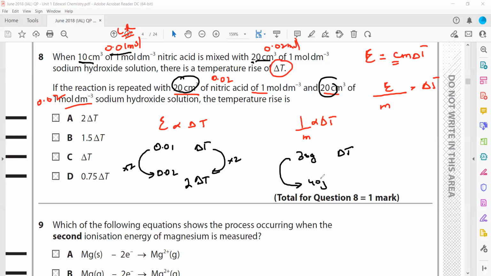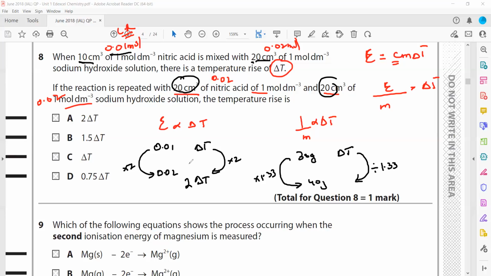So how much did it increase? It increased by 1.33, because 30 multiplied by 1.33 gives about 40. If this increased by 1.33, because mass and temperature change are inverse, the temperature change will decrease by 1.33.